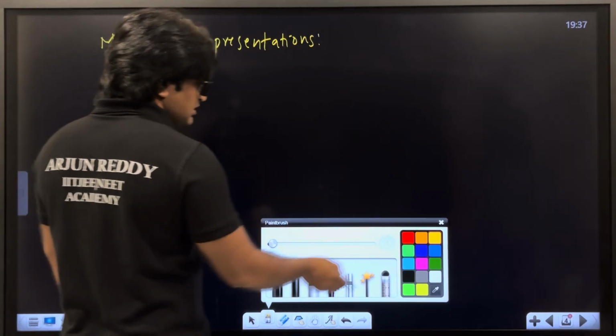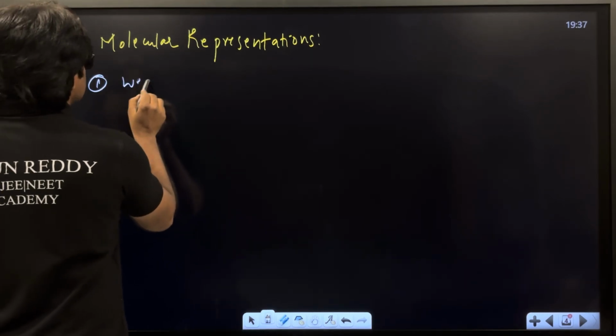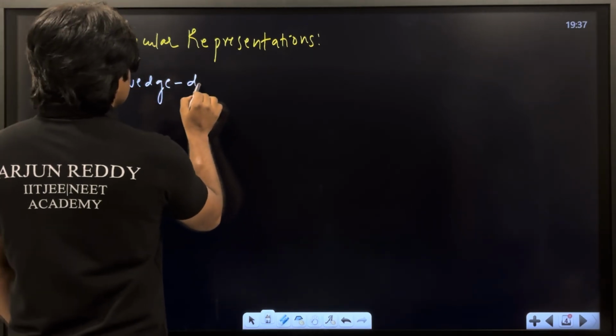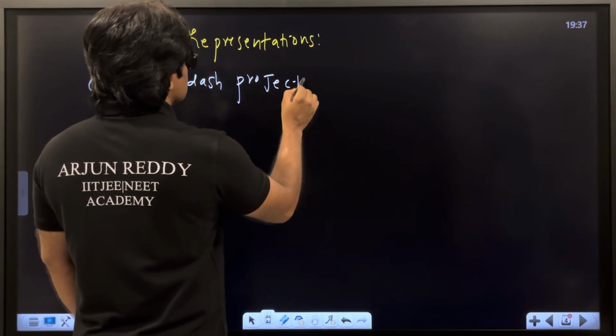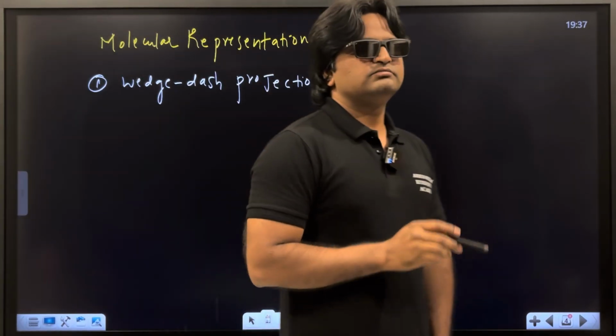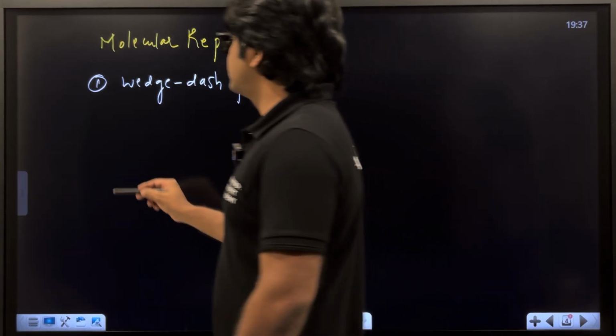Very important concept in molecular representations. Now, the first one is wedge-dash projection. That is our first molecular representation, wedge-dash projection.